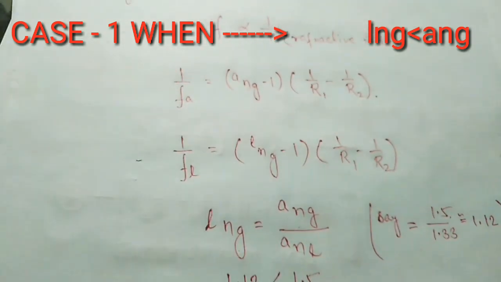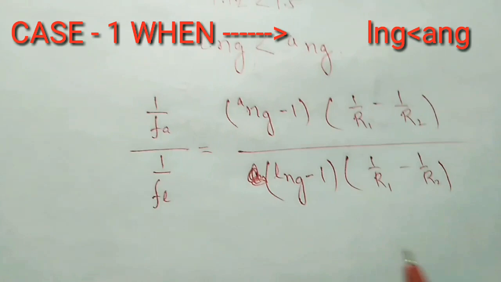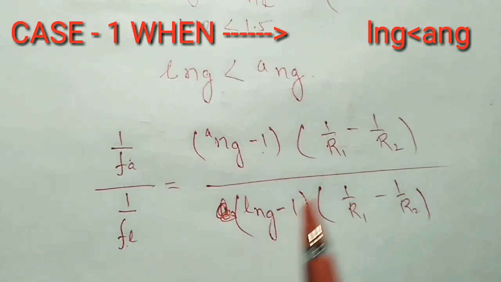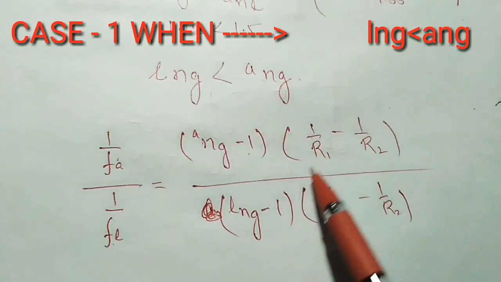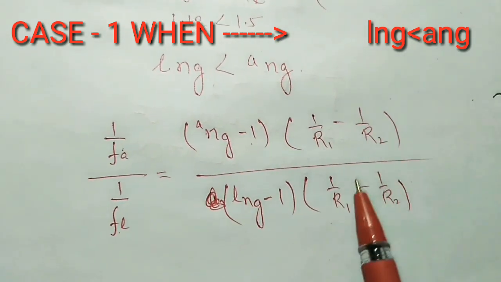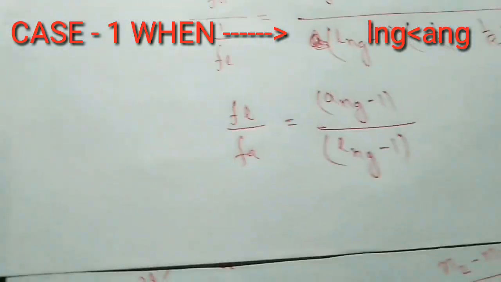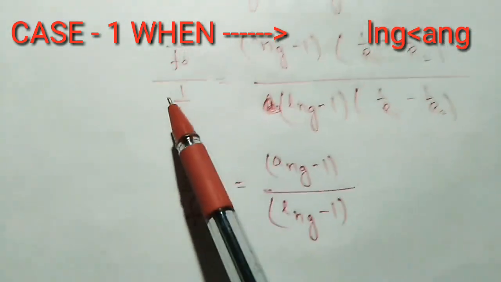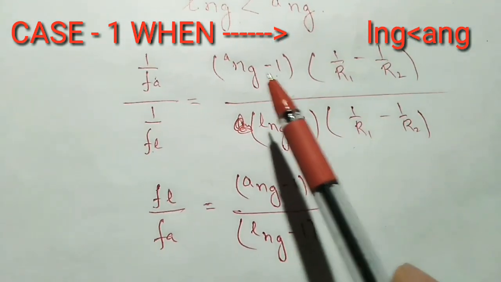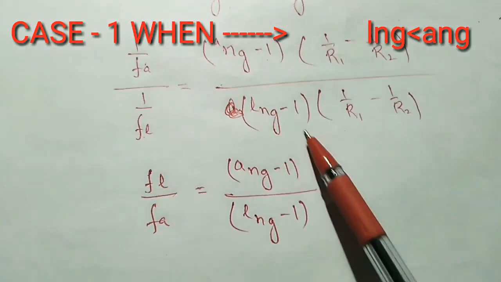So let's divide. On dividing 1 upon Fa by 1 upon Fl, the factor 1 upon R1 minus 1 upon R2 will cancel because the lens is still the same, so the radii of curvature are the same. On further solving you will have this: Fl goes up, Fa comes down. Fl upon Fa is (Ang minus 1) upon (Lng minus 1).